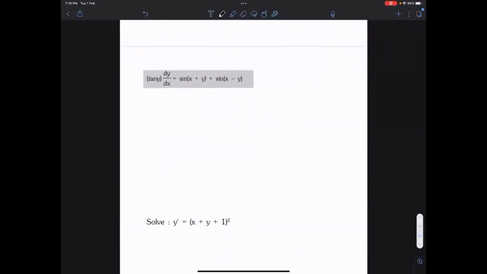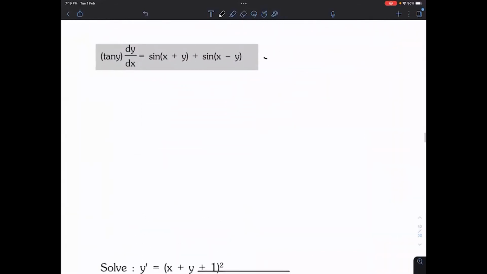For example, here, this question. As soon as you look at it, it doesn't look like variable separables, but you need to use the sin c plus sin d formula. What is sin c plus sin d? It is 2 sin of c plus d by 2 into cos of c minus d by 2.